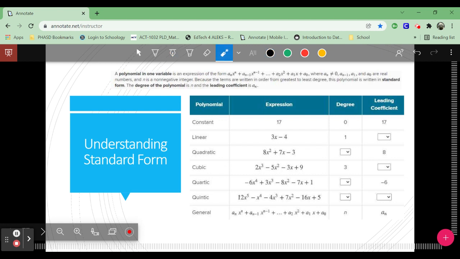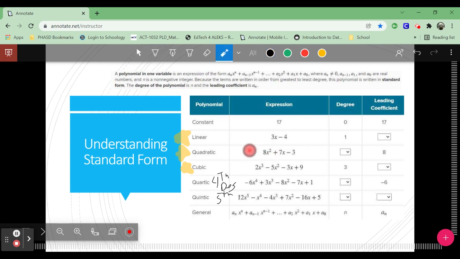We've been over standard form. If I look down here at quadratic, remember for our class, you have to know quadratic, cubic, and linear. It is okay in our class if you simply call this fourth degree, and this one fifth degree, or if you know the words quartic and quintic.